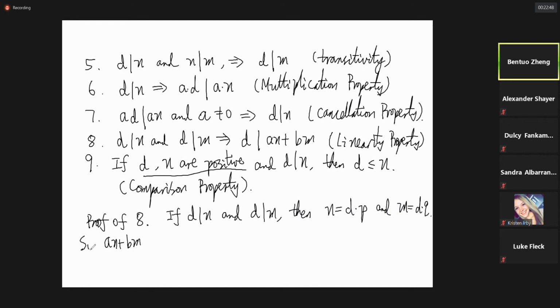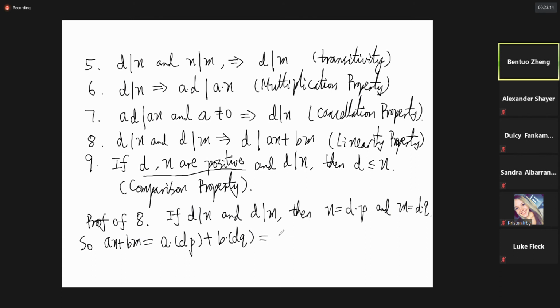Now what about an plus bm? So an plus bm is equal to a times dp plus b times dq.